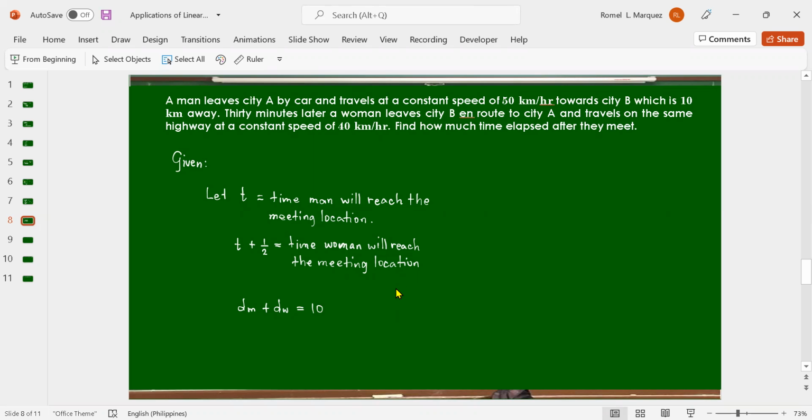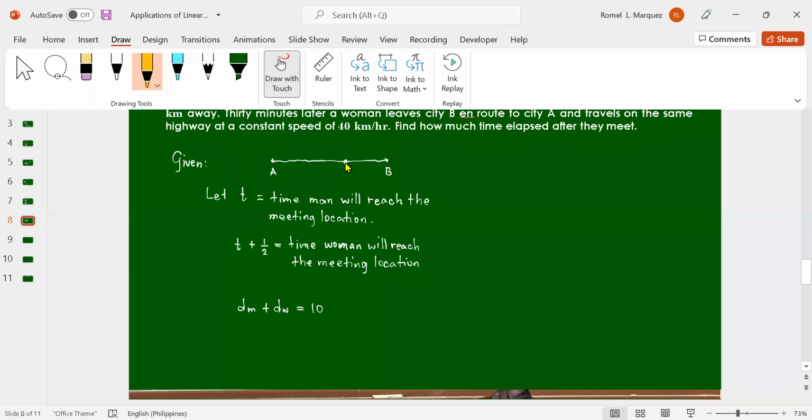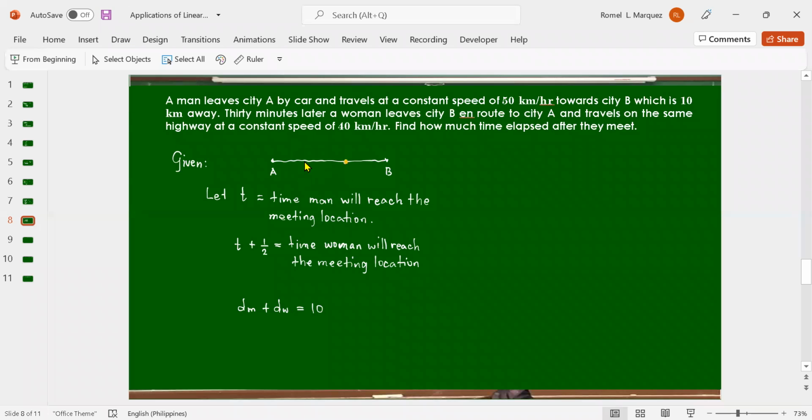Remember, this is our line. Let's say this is the road, A, B. So they will meet somewhere here. This is the distance of the man, this is the distance of the woman. What is the total? 10. Okay?